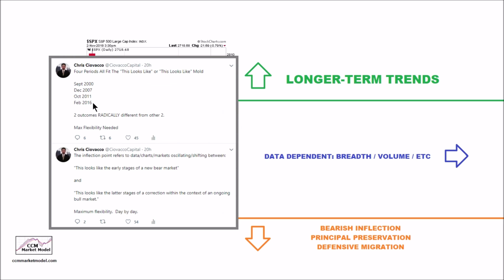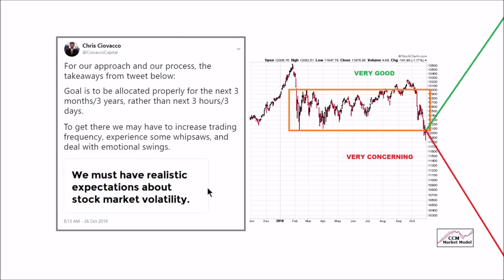And history tells us it's extremely important to keep an open mind and understand that until the market tips its hand in a more definitive manner, it's possible that we might have to increase our trading frequency if we move in this direction, still could experience some whipsaws, and could be dealing with emotional swings.